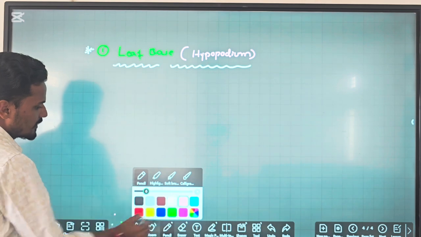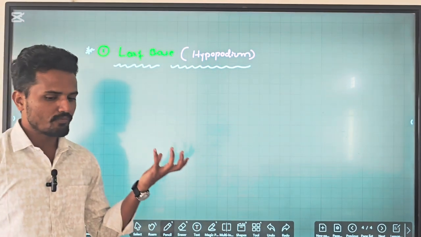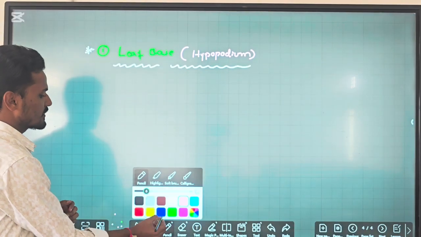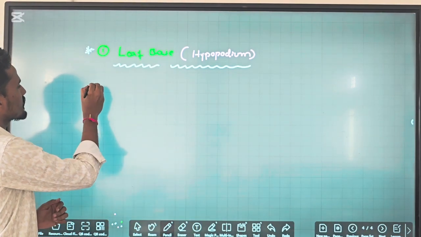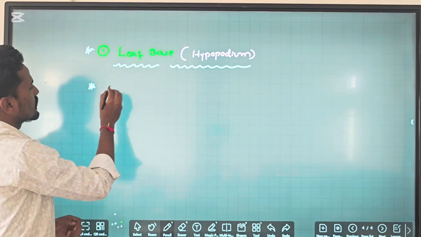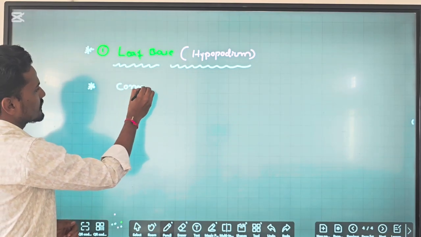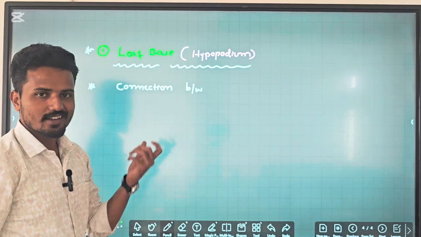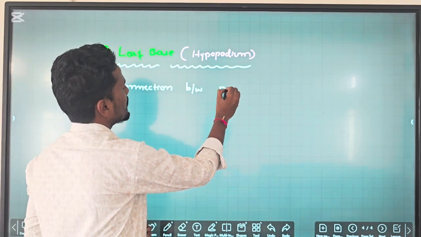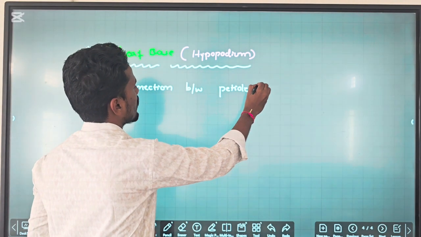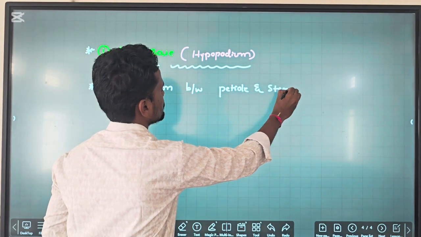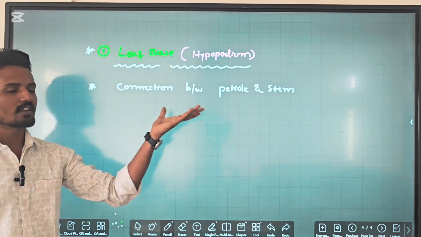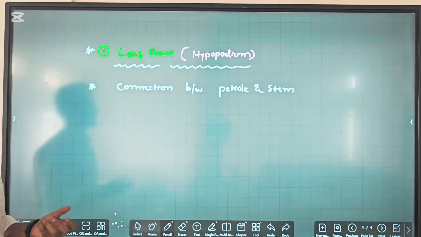The leaf base is nothing but the connection between the petiole and the stem. It is called the leaf base.